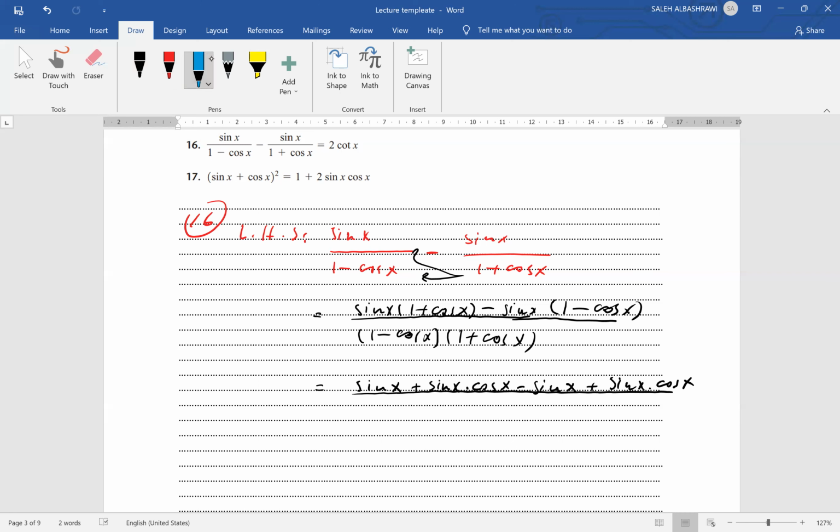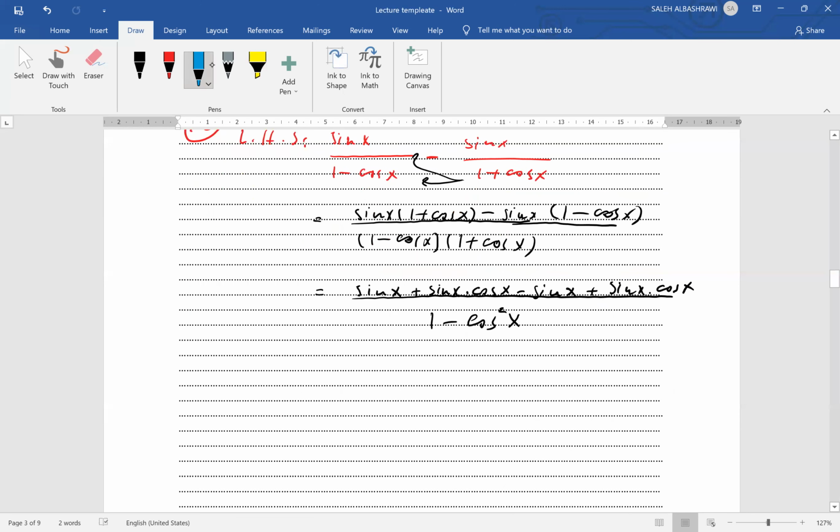I mentioned this many times. a minus b multiplied by a plus b is equal to a square minus b square. So the denominator will be 1 minus cosine square. It is a square minus b square, or 1 square minus cosine square.